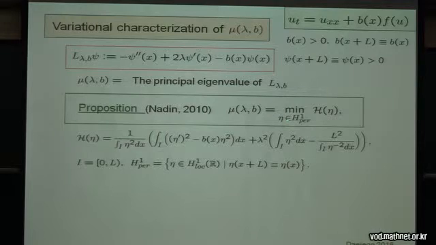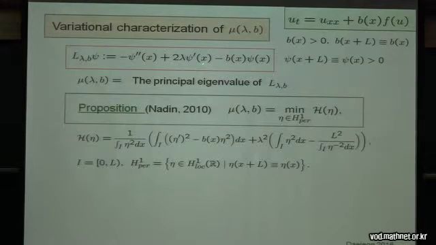Okay, first of all, eta varies in H1 period, which means that it is an H1 function which is periodic with the period L. Then this first term is a standard functional, the same as this one, the standard functional for the self-adjoint case.